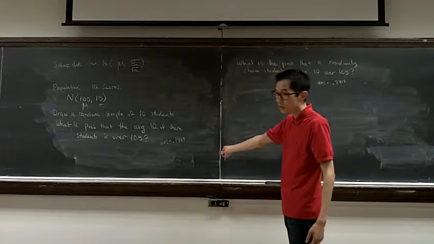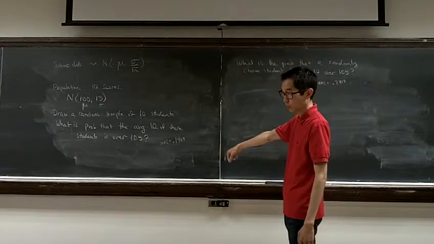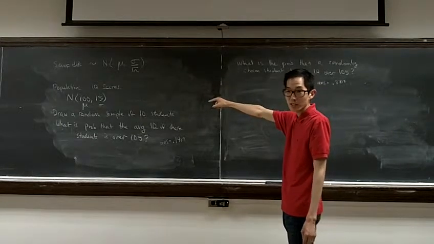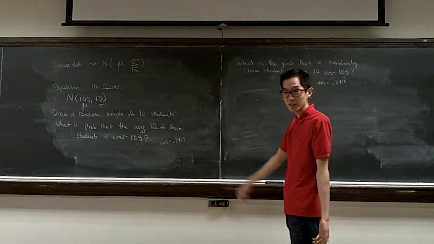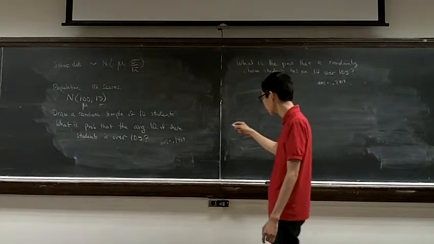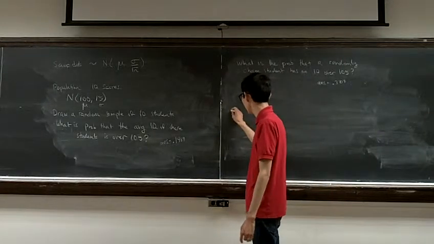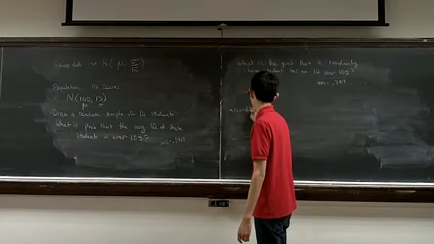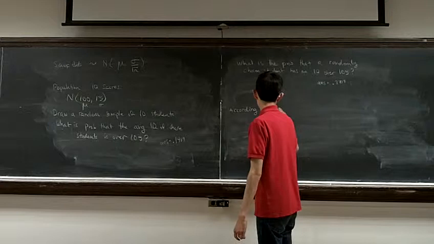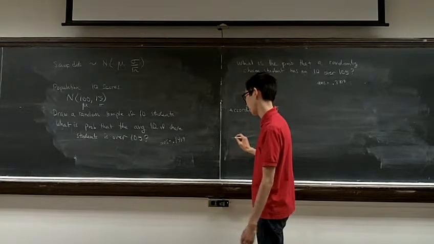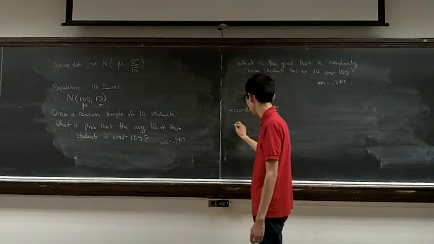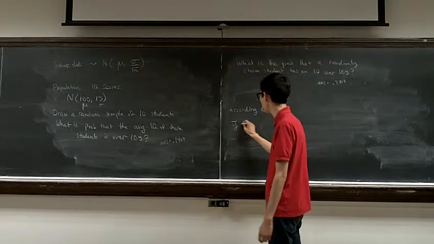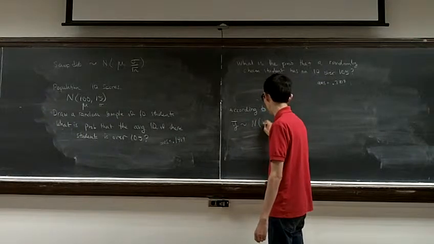According to the central limit theorem, which we can use because the population is normal and we randomly selected our people, the distribution of y bar is normal.